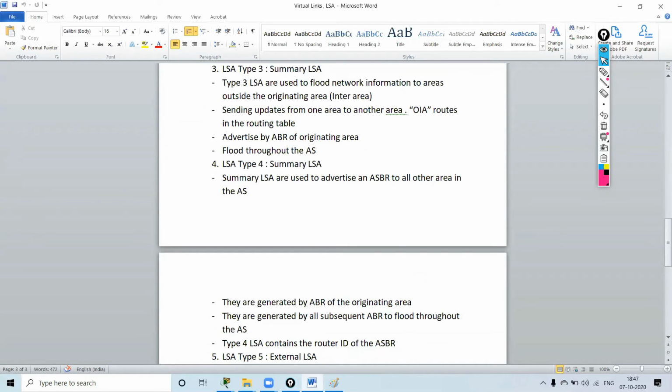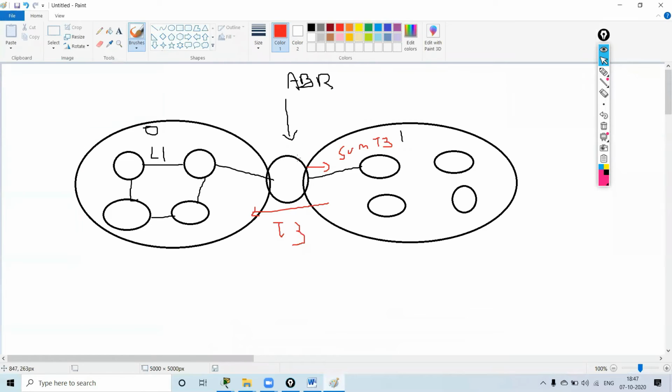What is an ASBR? Suppose this is my OSPF that I'm running over here, and there is another routing protocol that I'm running over here. Suppose I'm running EIGRP over here.